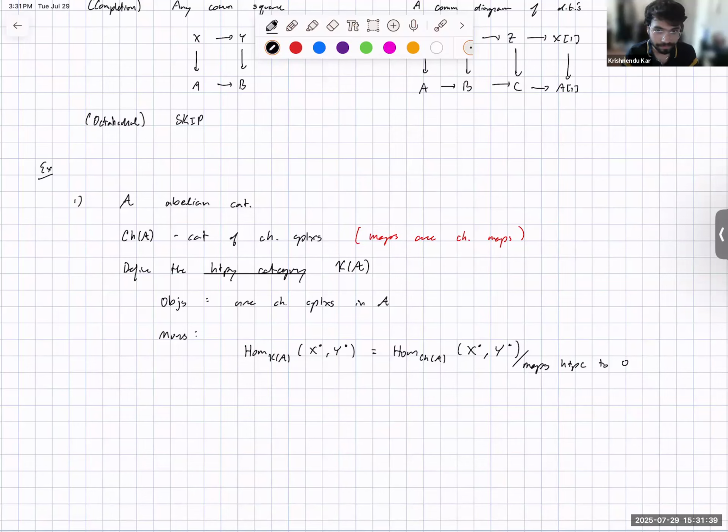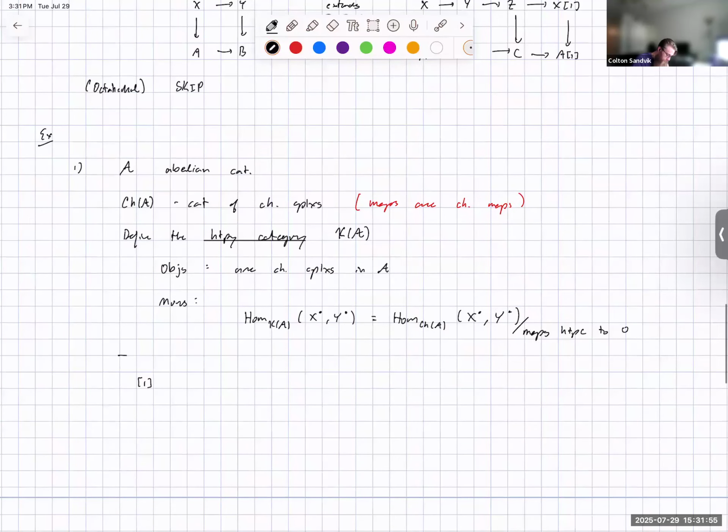Okay. And so I need to specify what the shift functor is. I want to equip this homotopy category with the structure of a triangulated category. So let's start by specifying the shift. It's just inherited from chain complexes, but we can write it here.